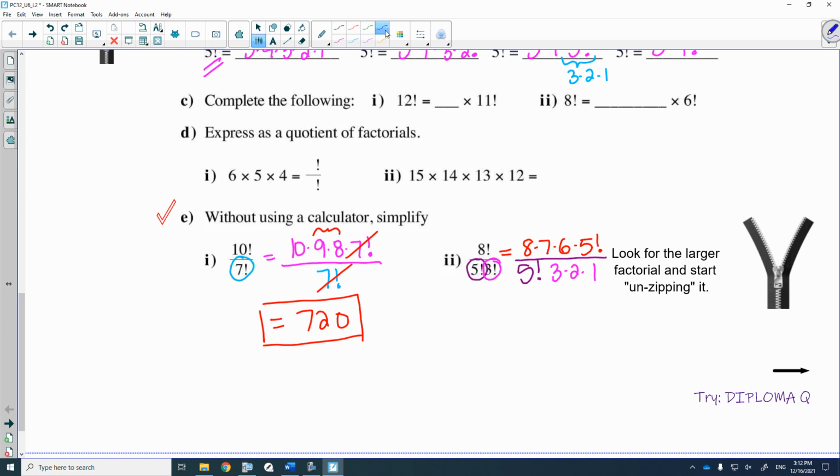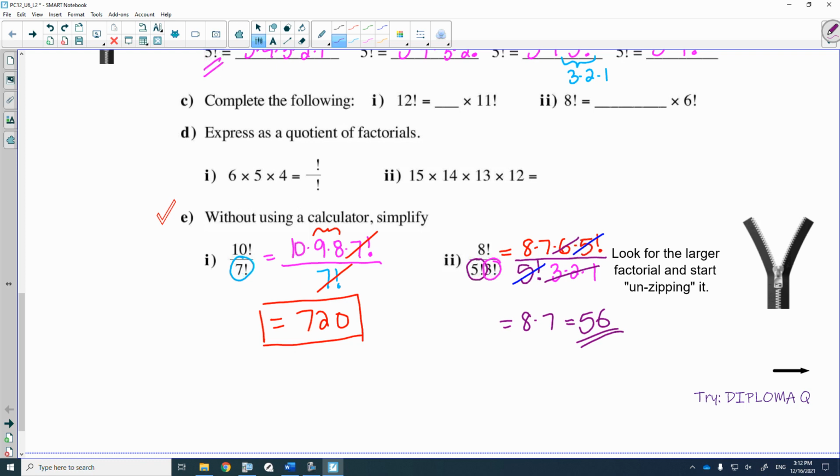Cancel where you're able to cancel. 5 factorial will cancel with 5 factorial. And there's something else that could actually cancel. 3 times 2 times 1 is 6. So I've got 6 in the denominator, 6 in the numerator. That would also cancel. 6 cancels with 6. I'd be left with 8 times 7, and 8 times 7 is 56.